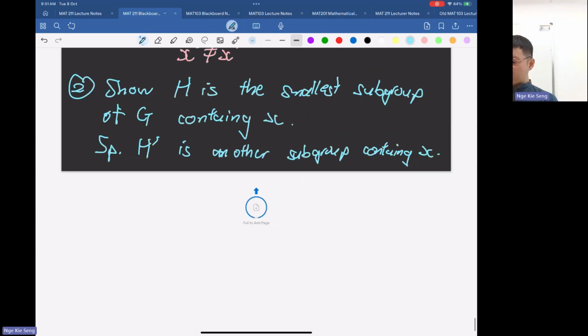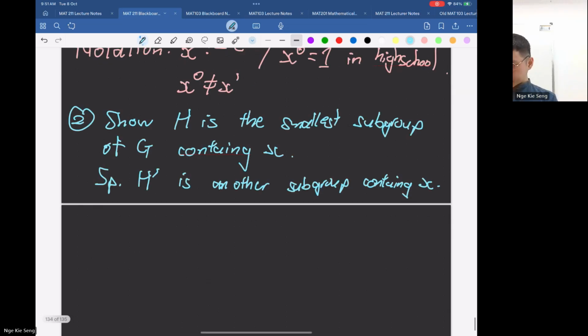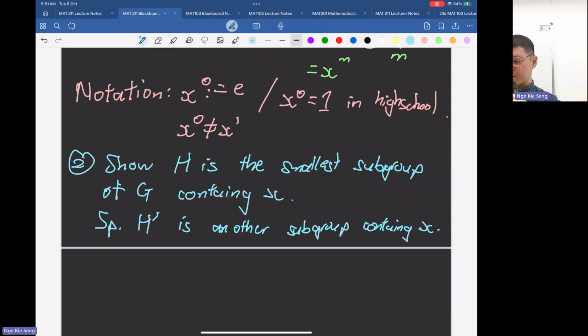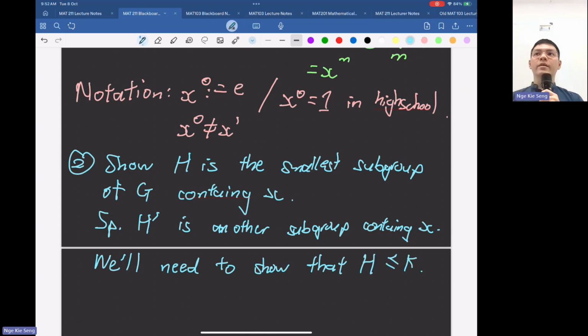So we need to make our proof into some statement that we can verify. So what do we need to verify actually? We need to make it into a mathematical statement. It boils down to showing that H is a subset or a subgroup of H prime.